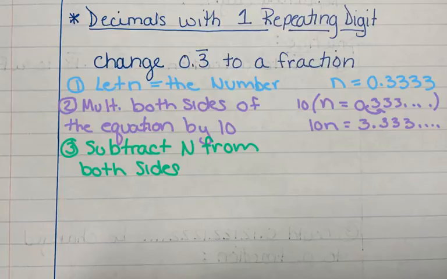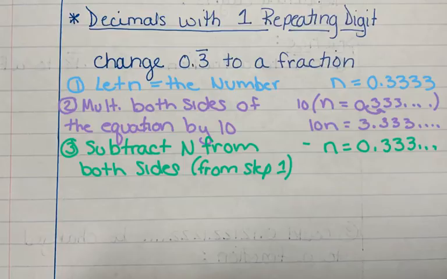So what I really mean is I'm going to subtract n from step 1. Okay, so I'm going to come over here and I'm going to subtract n. So literally what I have written up in blue under step 1, I'm subtracting that.